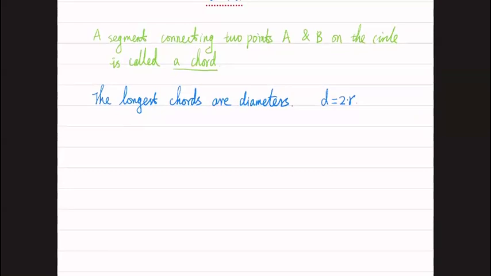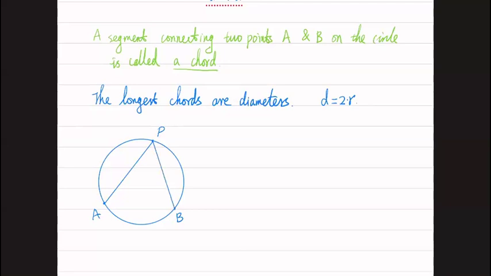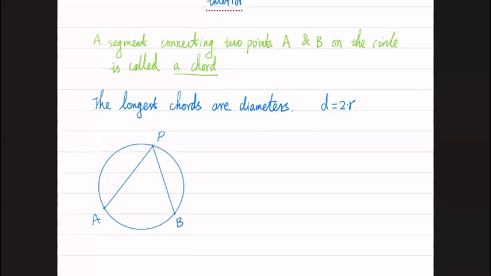All right, let's draw another circle. This time we have a point P. Let's draw chords. We will call P the vertex.